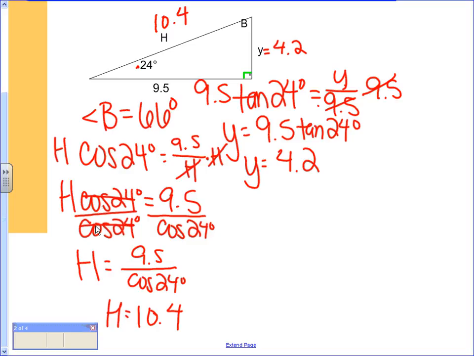Does it work? 9.5 squared plus 4.2 squared, and then you take the square root of it, and you should get 10.4. Did you do 9.5 squared plus 4.2 squared? And what'd you get? Yeah. And then what do you do?